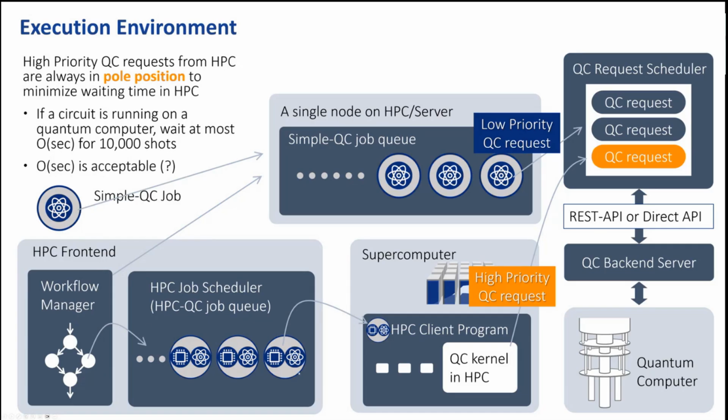Some of the HPC jobs include quantum kernel offloading. This quantum kernel offloading and a simple quantum job go to our lightweight schedulers, which identify whether a request is coming from the supercomputer or is just a simple quantum job. If it is considered to come from the supercomputer, then it is put in the first position and run immediately after the current task on the quantum computer is done.